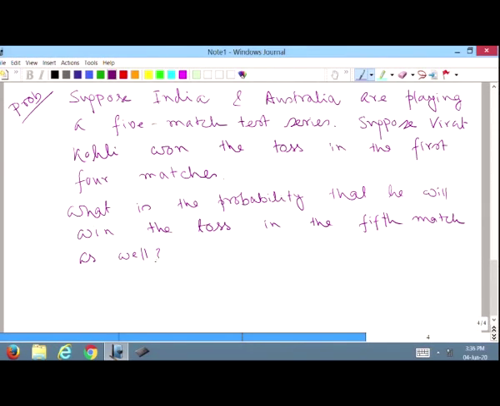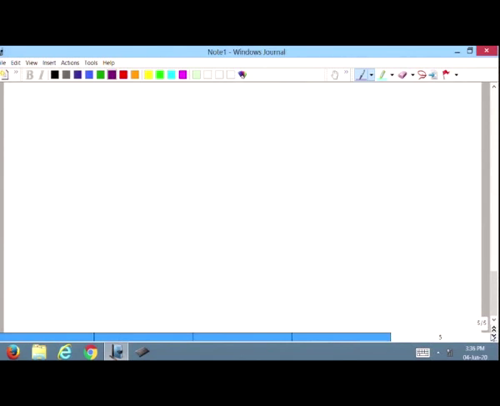So, that is the question, and let us put it in an MCQ mode. Option A is 1, option B is 1 by 5, option C is 0, and option D is half.